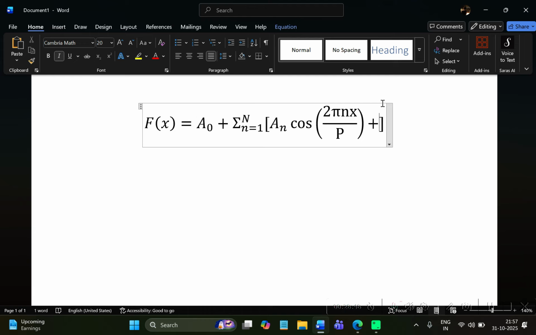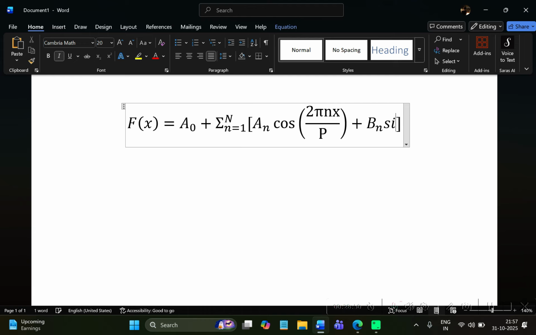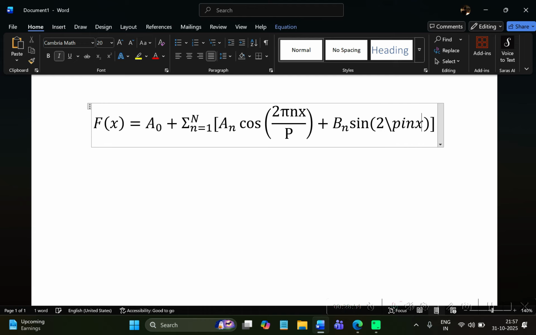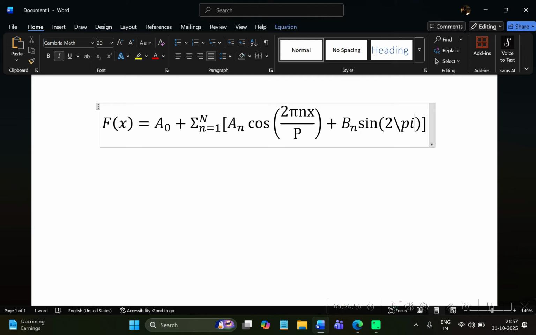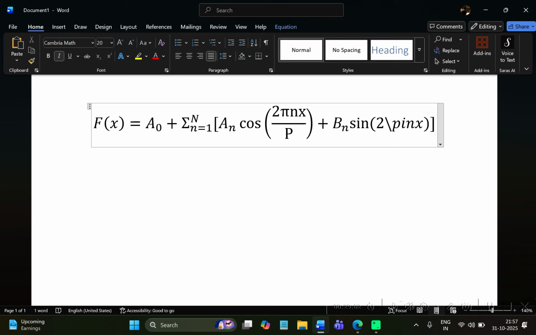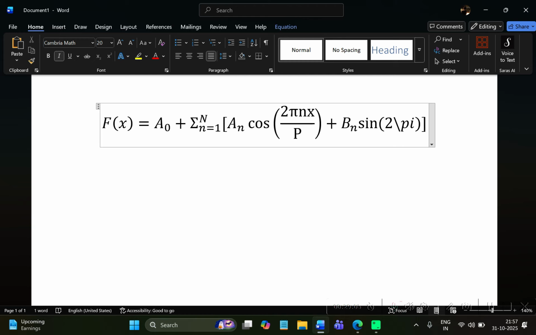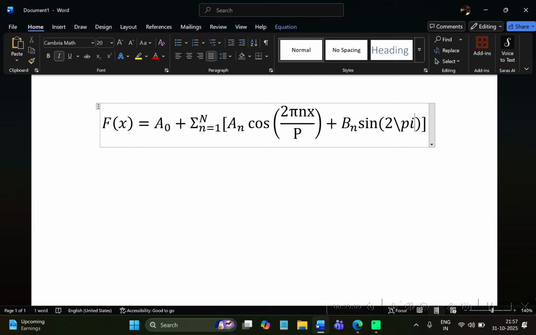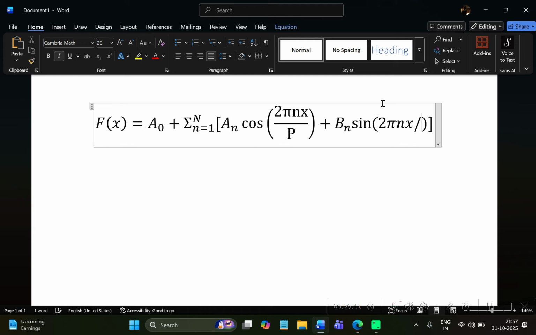Plus let's say b n sine of this thing again, pi n x. After you write pi, don't type something immediately, just give a space so it generates the pi. Otherwise it would not be rendered, and 2 pi nx would look bad. So once you type this, you give a space. Now you write nx over p.